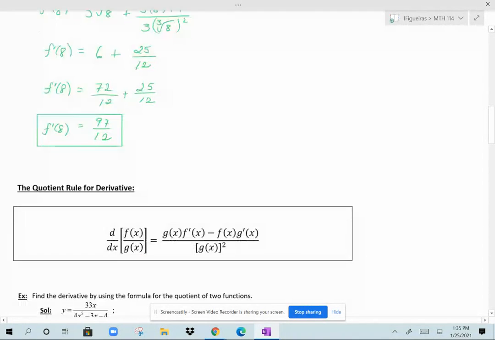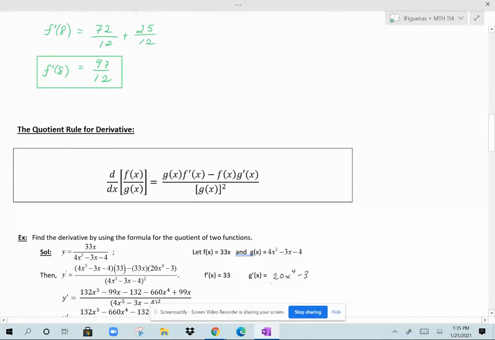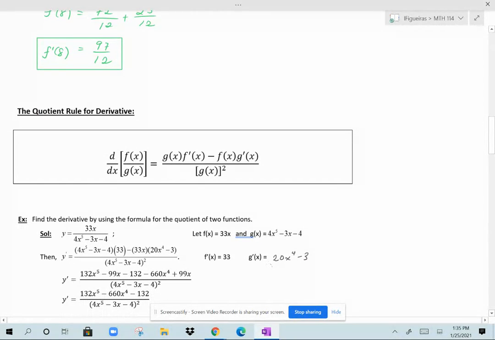Okay. So we want to find the derivative by using the formula. Remember, formulas replace the definition of the derivative. The definition of the derivative would certainly take quite a bit of work to do algebraically, so these rules are much more convenient.